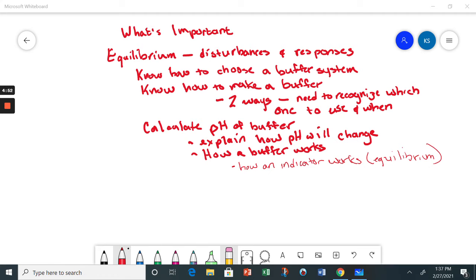Alrighty. And when we look at this, essentially for this acid-base equilibrium, the next thing you're going to do is be able to calculate pH along a titration curve. Again, this is all equilibrium.